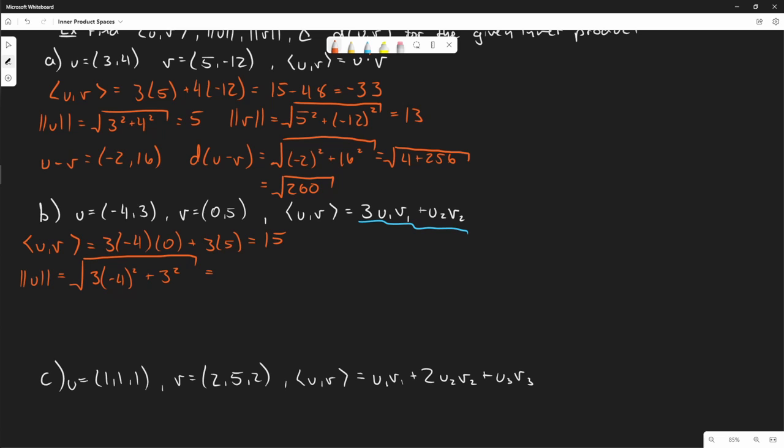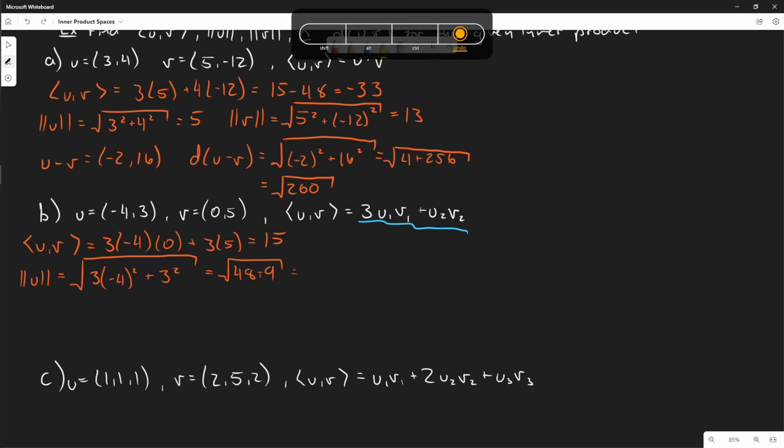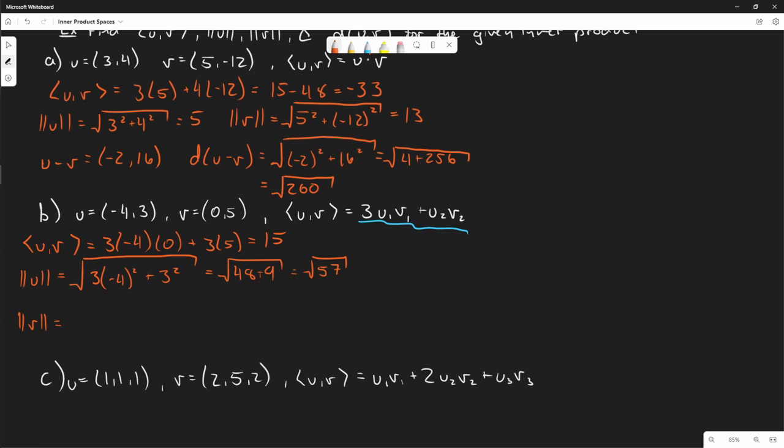And so that would be the square root of 16 times 3, which is 48, plus 9. So that'll be the square root of 57. Ooh, this is ugly. Square root of 57. Cool. The magnitude of v, well, we got a 0, so that's nice. And then plus 3 times 5 squared, which is 75, so the square root of 75.